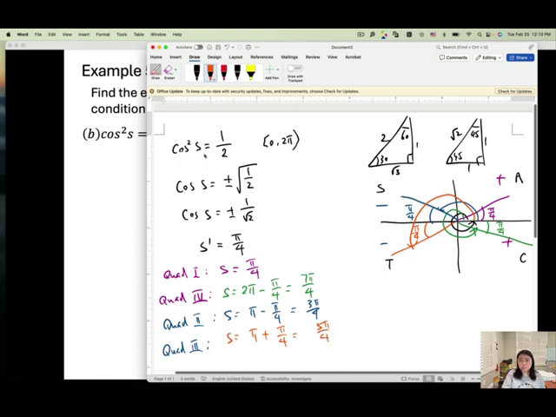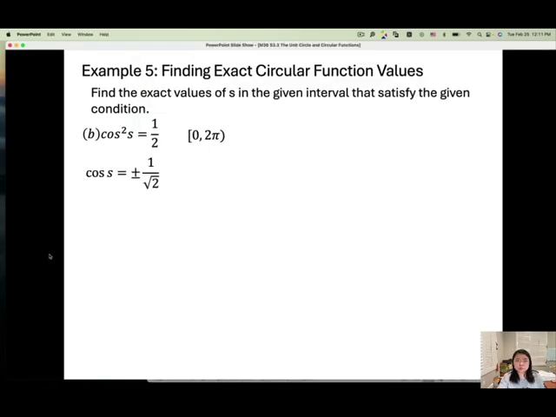Okay, one more time, since we do have the square, when we take the square root of both sides, we're going to add plus minus. And cosine with the plus minus means we're going to take all of quadrants 1, 2, 3, 4. After finding the reference angle, you're going to calculate for each quadrant one by one. So your work here.